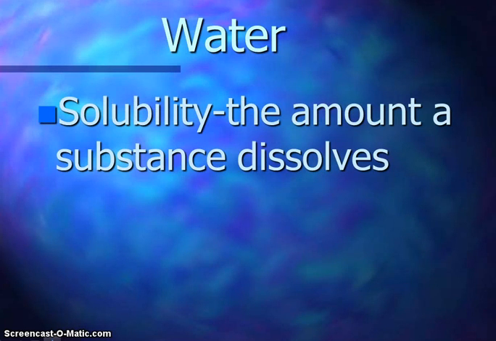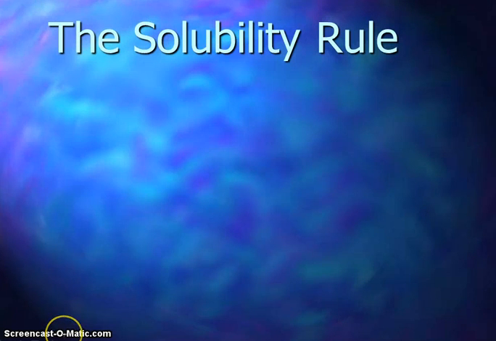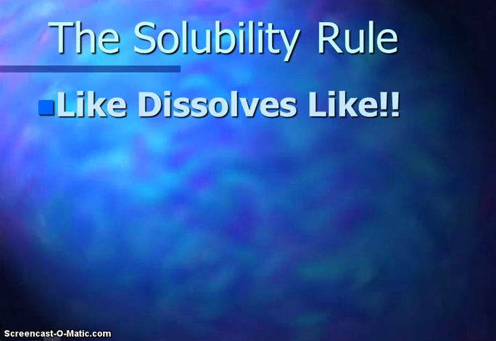So when we talk about water, we want to talk about its solubility. And that means the amount of a substance that would dissolve in water. And the solubility of a substance in water varies greatly depending on what the substance is, depending on what the attraction of the ions are to the water molecules themselves. So we want to look at some solubility rules.